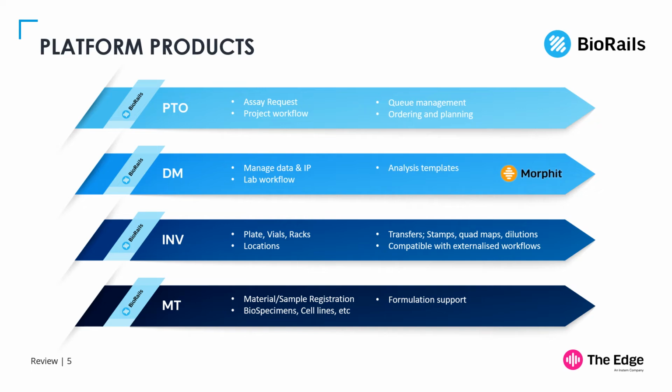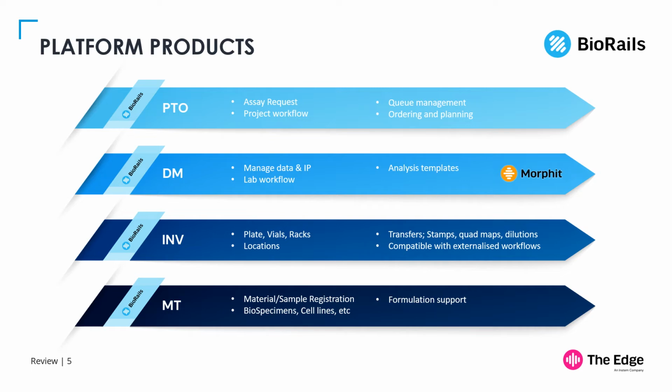So BioRails is a modular product platform. That means there's one piece of software called BioRails and then 4 different modules that can be used to achieve that workflow that I've just described. The first one is called BioRails PTO, which stands for Project Tracking and Optimization.